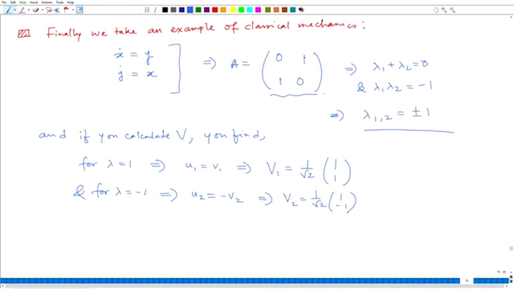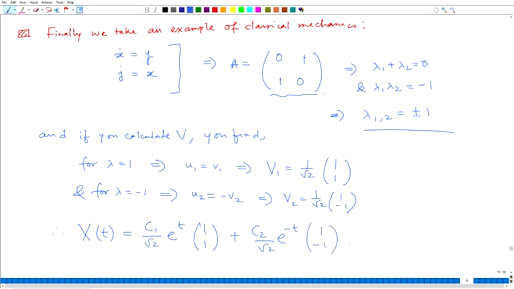And so, capital X of t will be simply given by C1 over root 2 e to the t (1, 1) plus C2 by root 2 e to the minus t (1, minus 1).